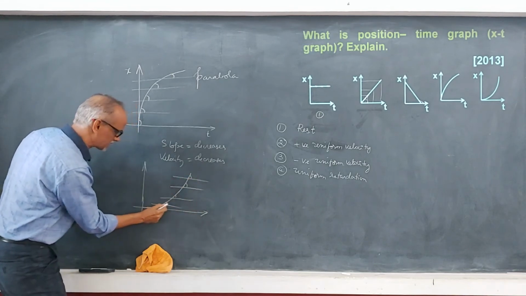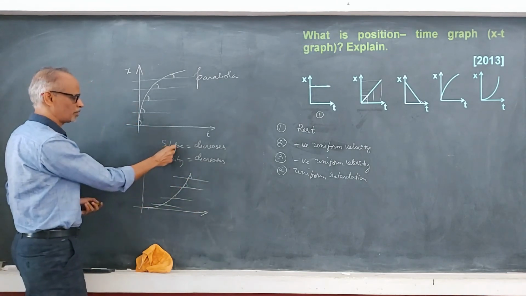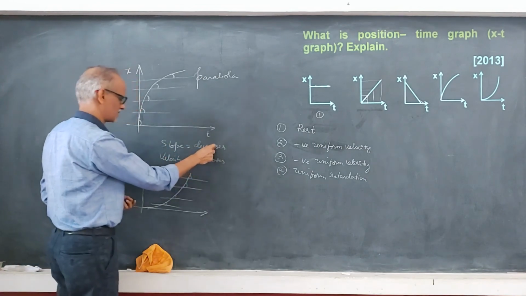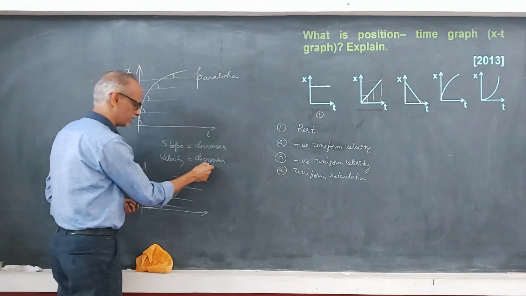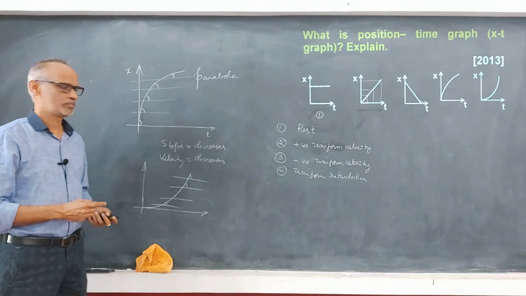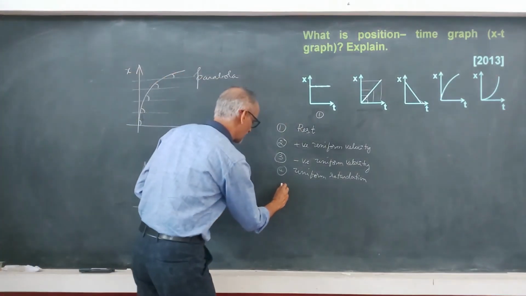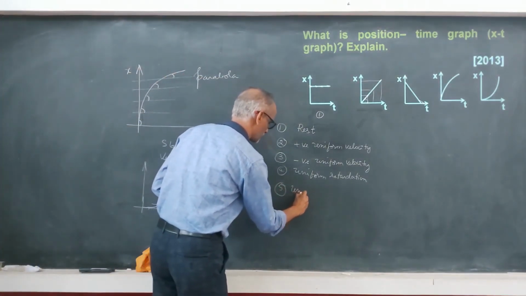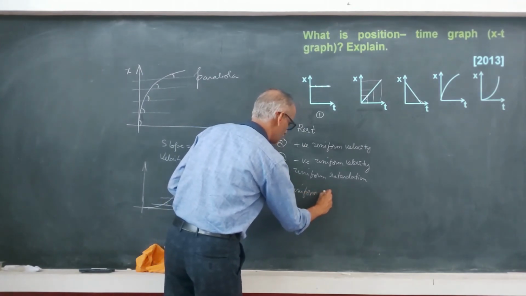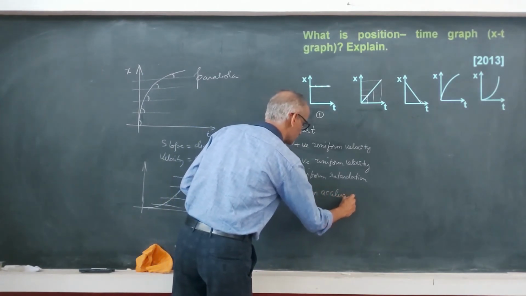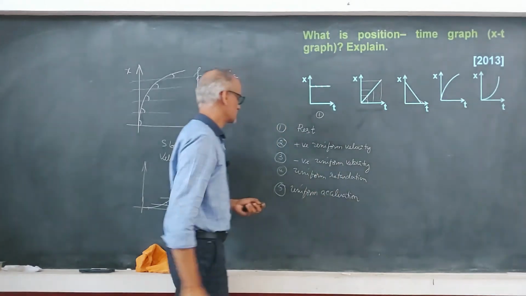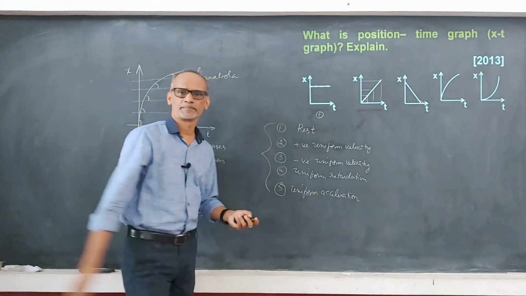You can see the angle continuously increases. So slope increases, velocity increases, which means the body has a uniform acceleration. So these are the 5 xt graphs.